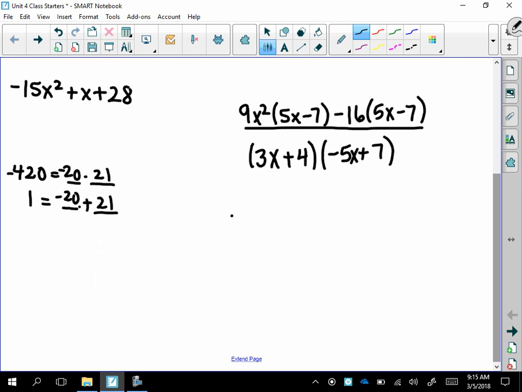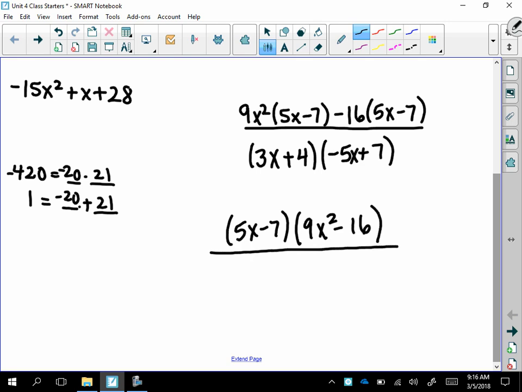We'll factor out the 5x minus 7 from the numerator. That's going to leave me with 9x squared minus 16. And in my denominator, I'm really kind of done factoring. Although, if I'm looking ahead, what would I need to do with this negative 5x plus 7? I'm going to take the negative out because that's going to give me 5x minus 7, and that's going to eventually cancel with the 5x minus 7 in the numerator.